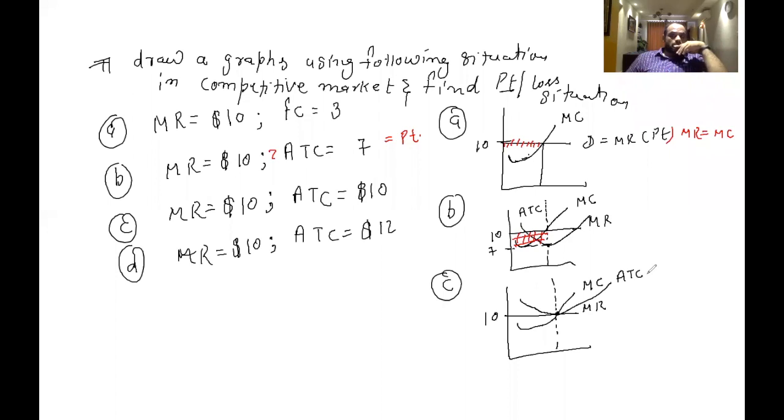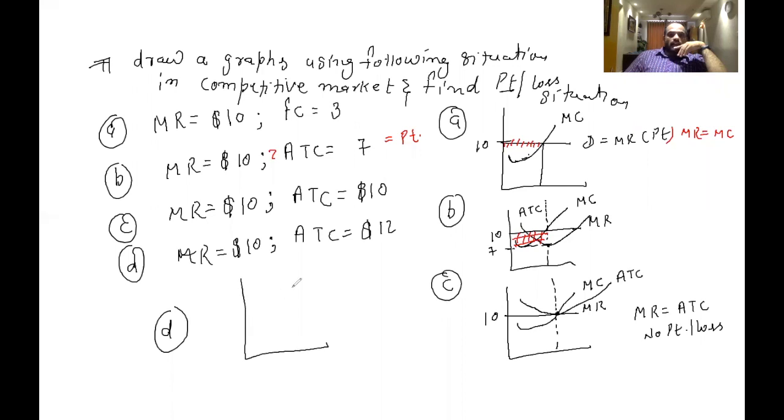So when your MR equals ATC, you have no profit, no loss, right?